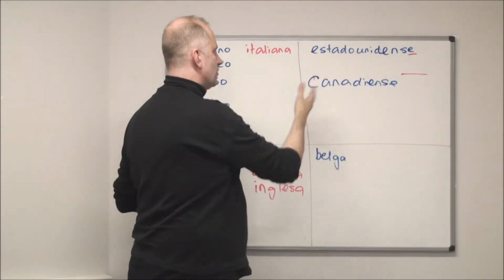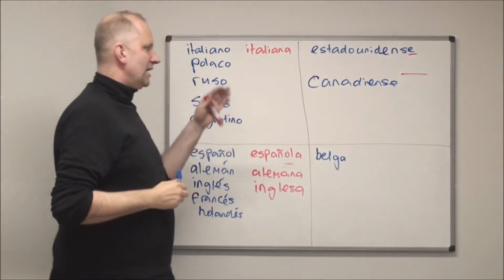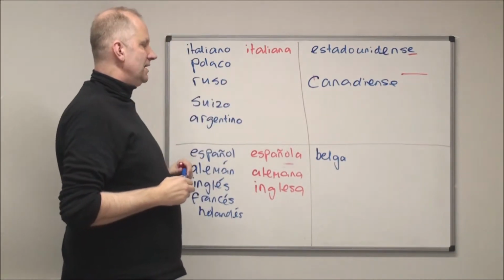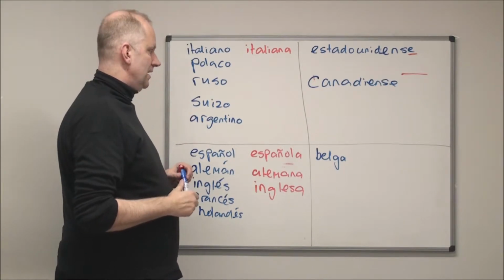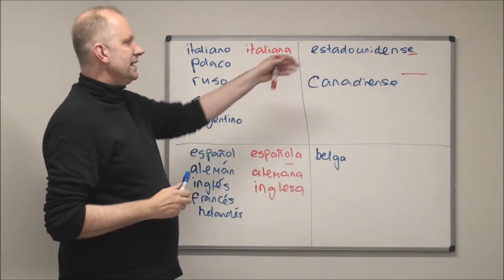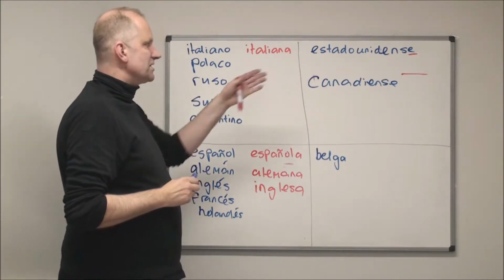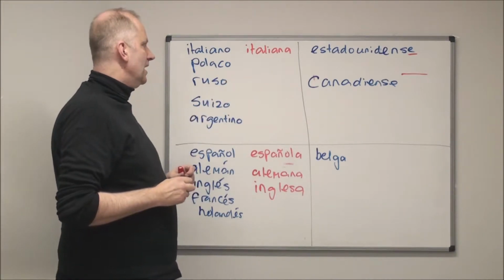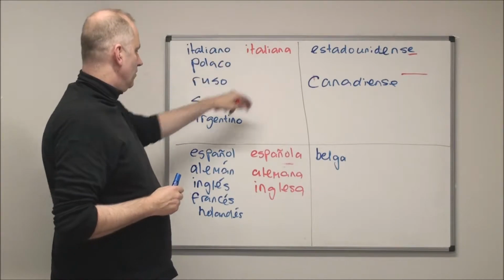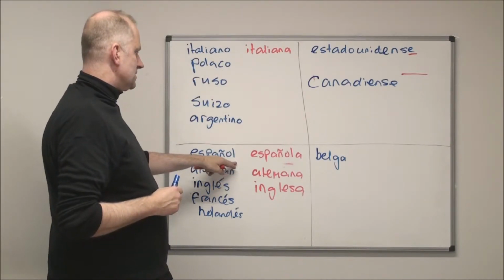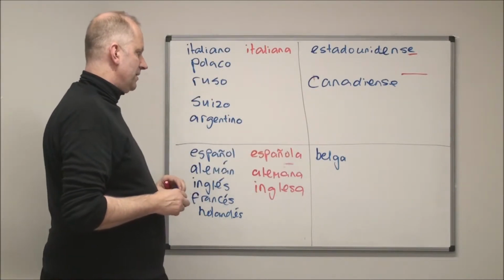So to talk about a Canadian man, él es canadiense, and a woman, ella es canadiense. There aren't that many adjectives of nationality which end in an E. The majority end either in A or in a consonant in the masculine and just add an A in the feminine.